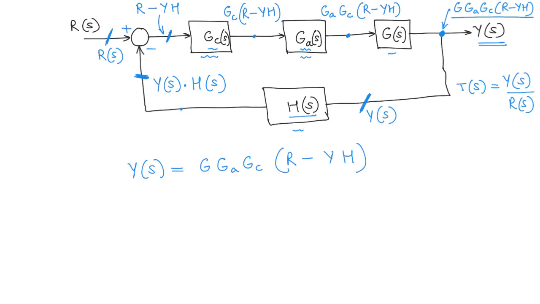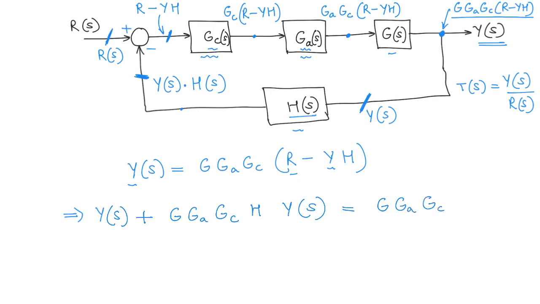So now we can reduce this equation so that we get all the Y terms on one side and the R terms on the other side. So what do we get? We get Y(s) plus G Ga Gc H times Y(s) equal to G Ga Gc times R(s).